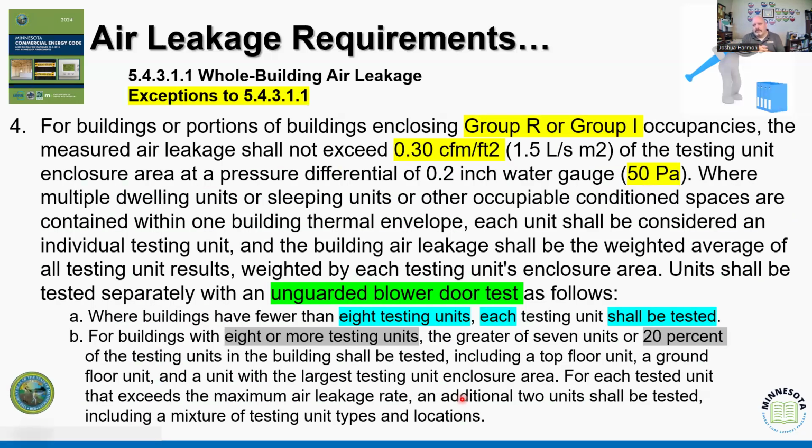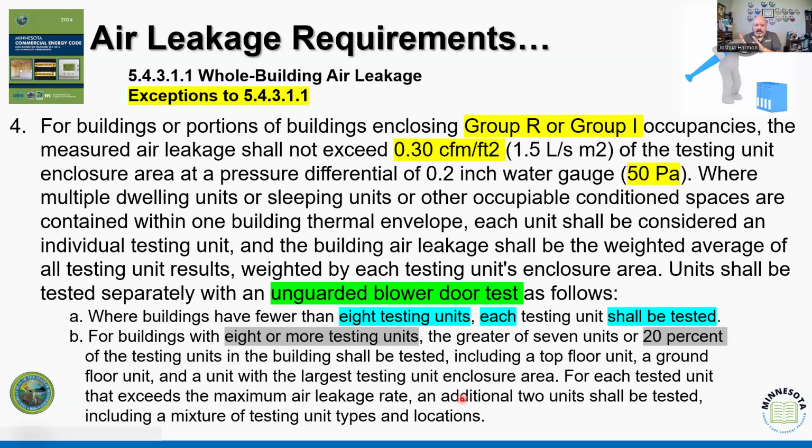And again, the fourth option that gets identified is for when we have group R or I occupancies. We increase our expectations, therefore decrease the amount of allowable air leakage.